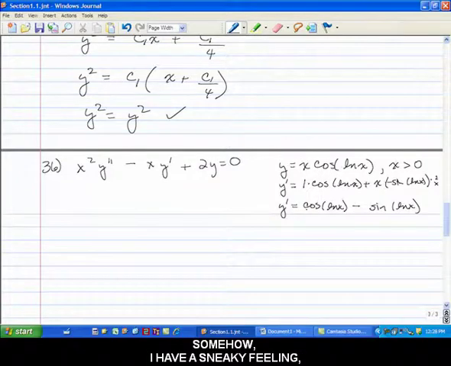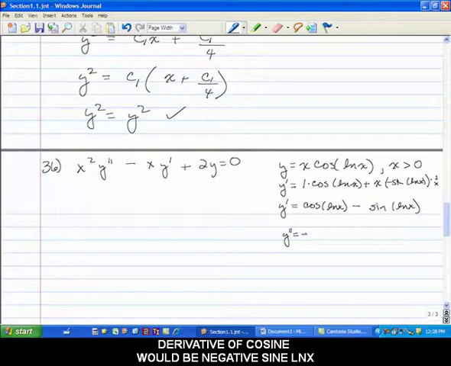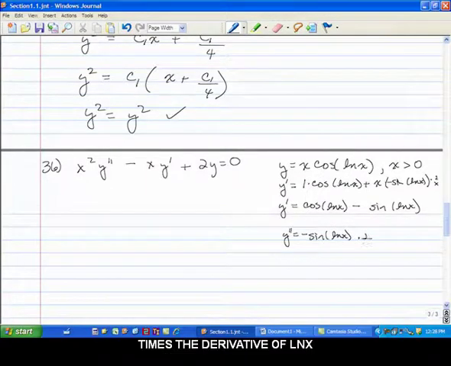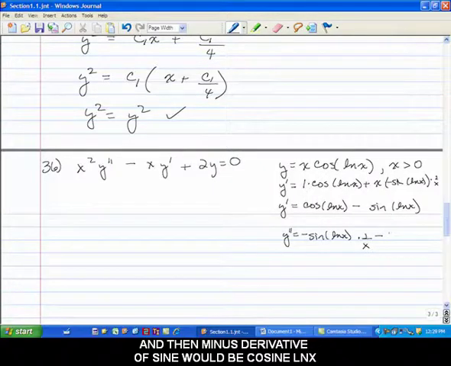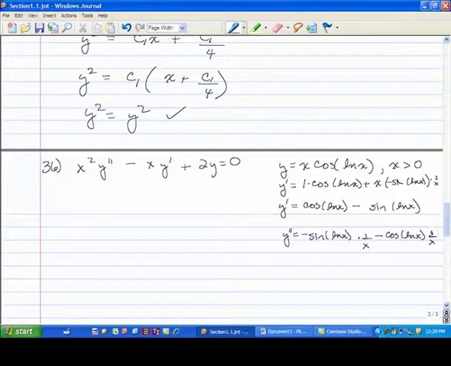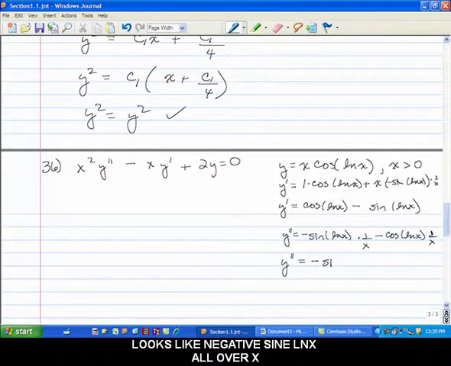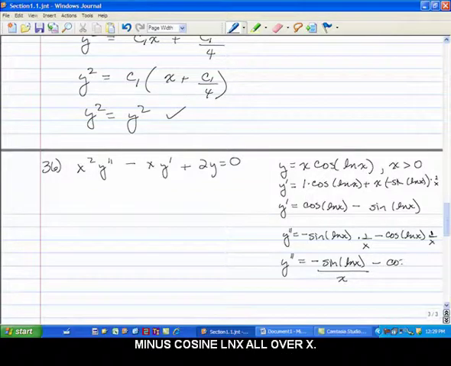Somehow I have a sneaky feeling I'm going to need more room. The second derivative of cosine would be negative sine ln x times the derivative of ln x. And then minus the derivative of sine, which would be cosine ln x times the derivative of ln x. And so the second derivative looks like negative sine ln x all over x minus cosine ln x all over x.